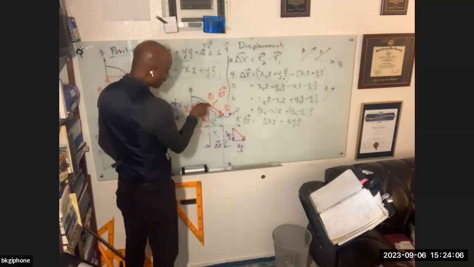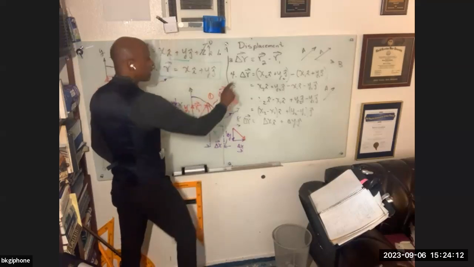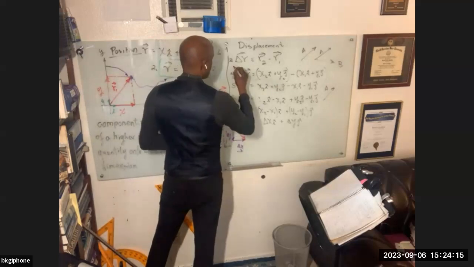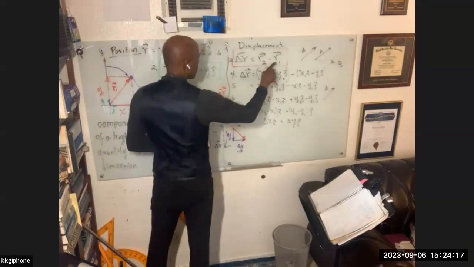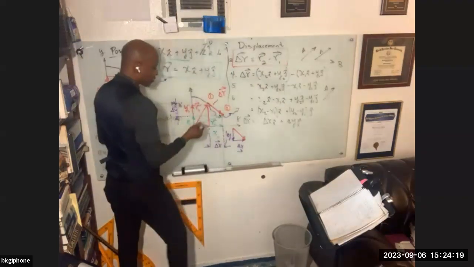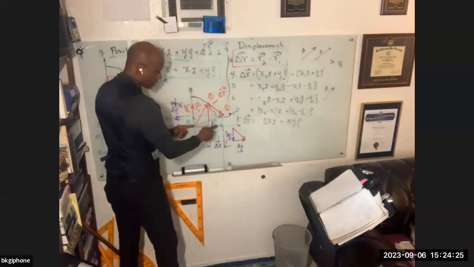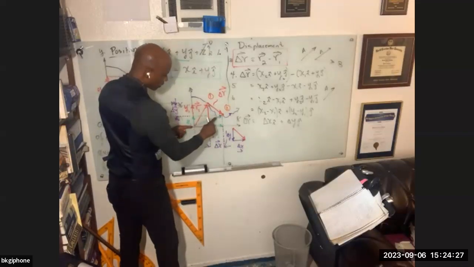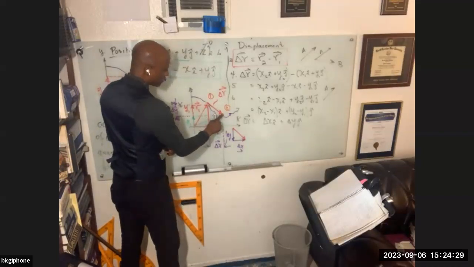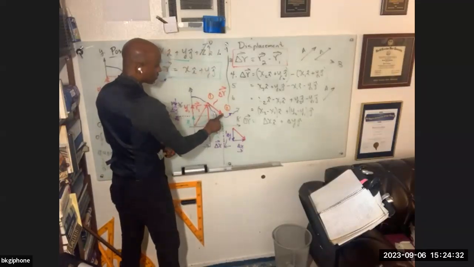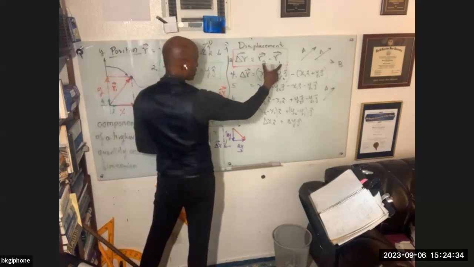I can move directly along delta R from position 1. Or, what does this equation say? It says that I can move along R1 in the negative direction. So I can be at this point and move negatively along R1 and then positively along R2. And that brings me back to position 2 as well. And that's what this equation is saying.